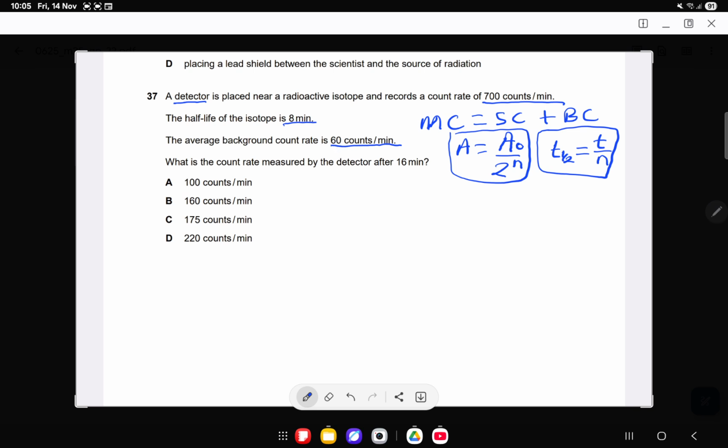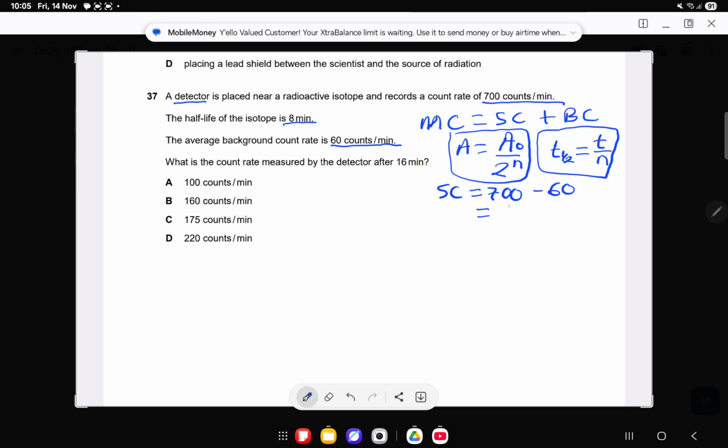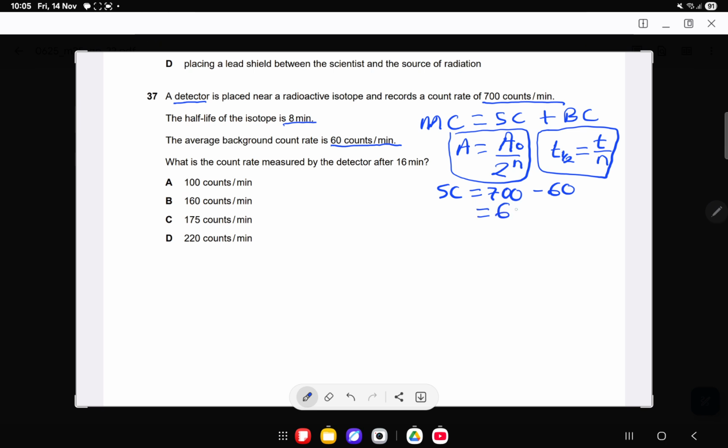So to get the sample's count rate, it must be 700 minus 60. That will give us 640.